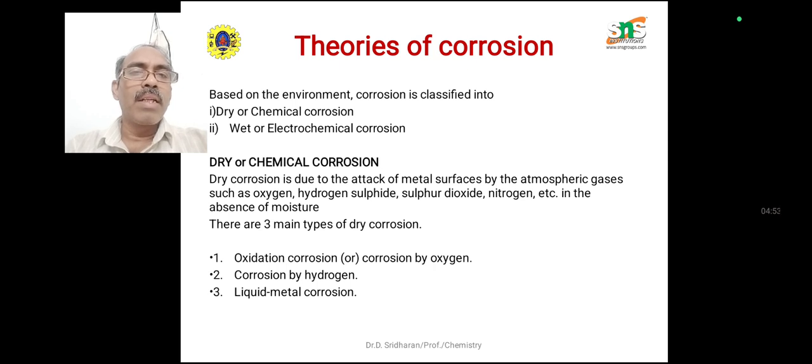Dry corrosion is due to the attack of metal surfaces by atmospheric gases like oxygen, hydrogen sulfide, sulfur dioxide, and nitrogen in the absence of moisture. There are three main types of dry corrosion: oxidation corrosion, otherwise known as corrosion by oxygen; corrosion by hydrogen; and liquid metal corrosion.